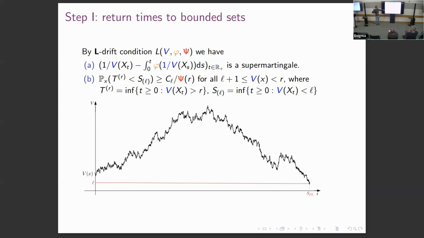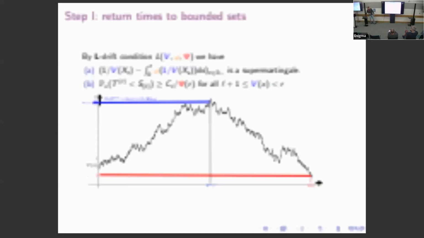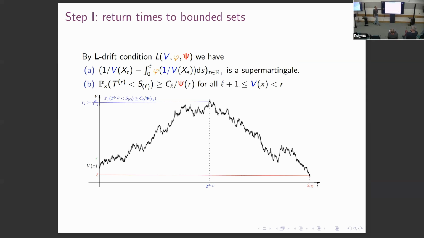So we start above level L. And what we know from this point is that with a certain probability, we're going to hit a very high level R, something like 4 times R, and we hit arbitrary level R. You know that before returning to L, we're going to hit that level.